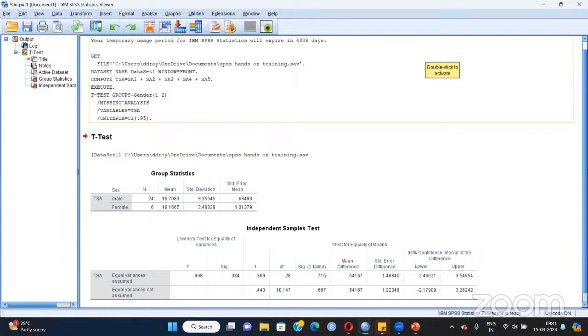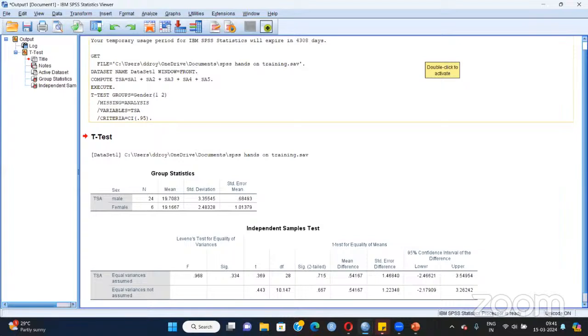Sir, what is two-tailed? Two-tailed test assumes that on both sides, okay, there will be the significant difference.